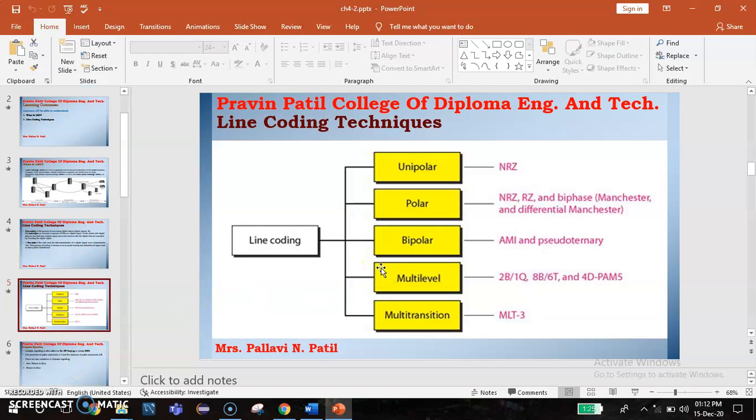The next is the line coding technique. The types of line coding are unipolar, polar and bipolar, and multi-level and multi-transition. Let's see the first.